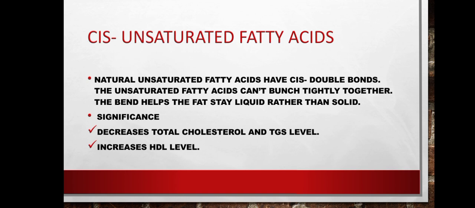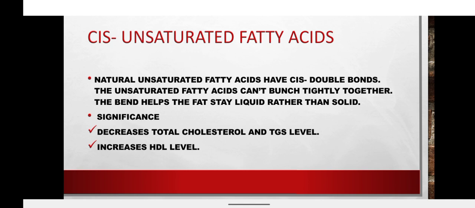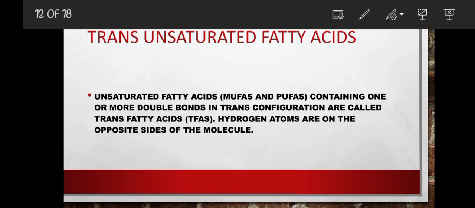The unsaturated fatty acids can't bunch tightly together. The bend helps the fat stay liquid rather than solid. Its significance is that they decrease total cholesterol and triglycerides level and increase HDL level.